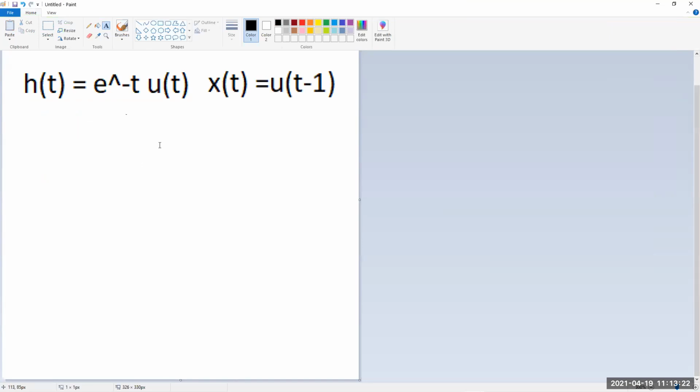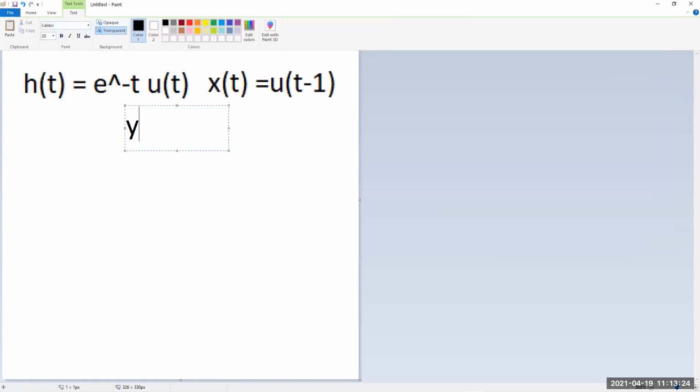And you were asked to find y(t), which is the convolution of h(t) times x(t). Okay. What should I do?